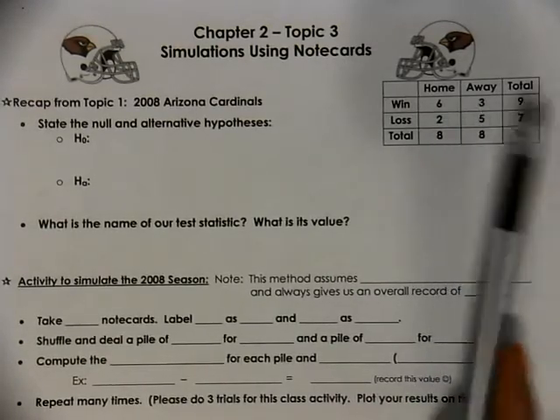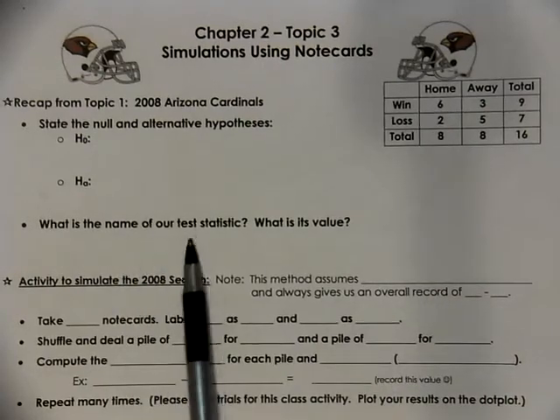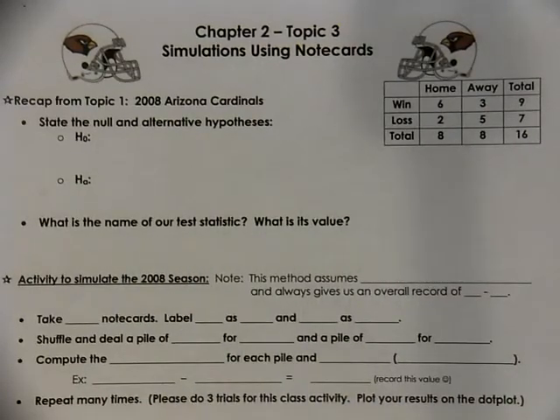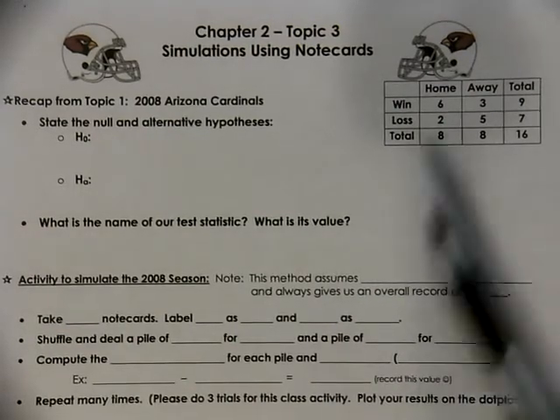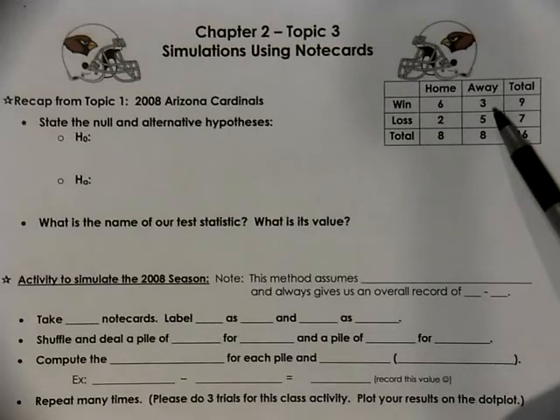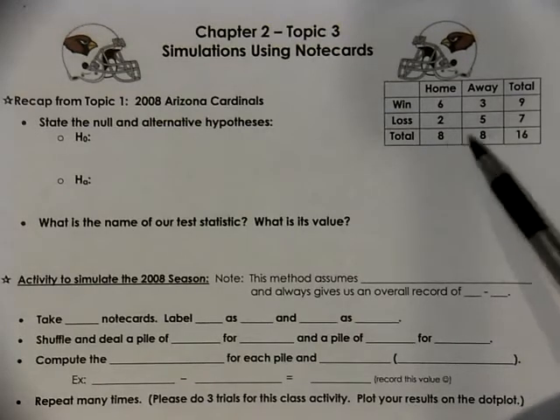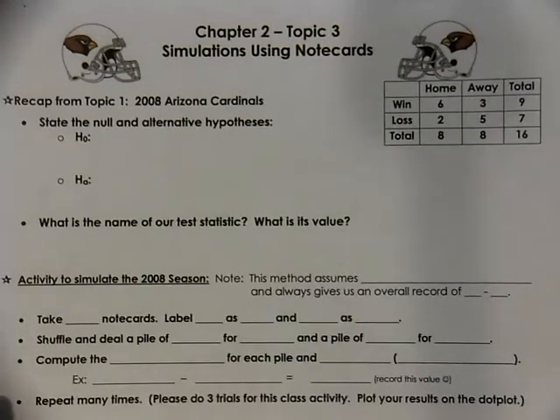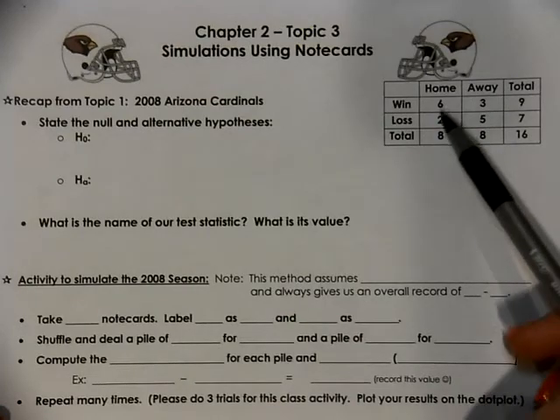So I'm taking a look. The first thing I actually want to do is calculate the test statistic to see where they did better, home or on the road. So it looks like they had 6 wins at home and 3 wins away. They play 8 games at home and on the road, so their home winning percentage is going to be greater.